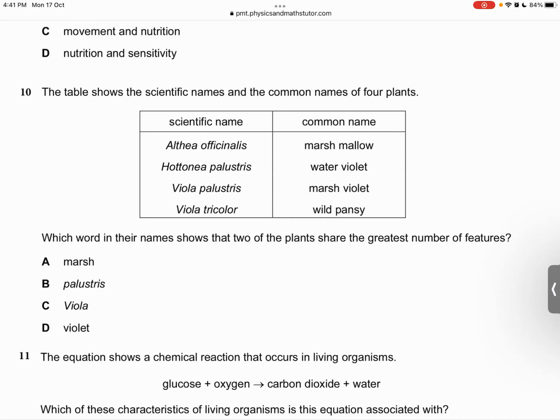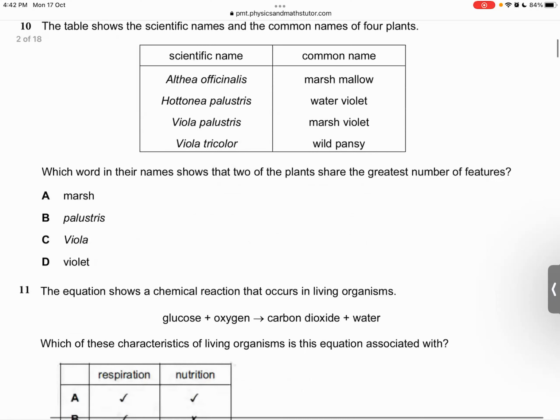Which word in their names shows that two of the plants share the greatest number of features? Basically, viola. Yeah, viola, right? Only the scientific names, right? Because common names can be very, very misleading, na? That's why. Because see, viola actually shows that they are the same genus. Yes, because palustris and tricolor are the names of the species, not the genus, right?